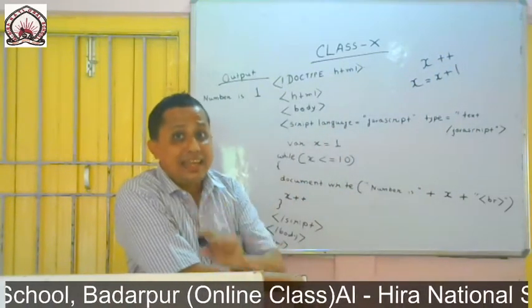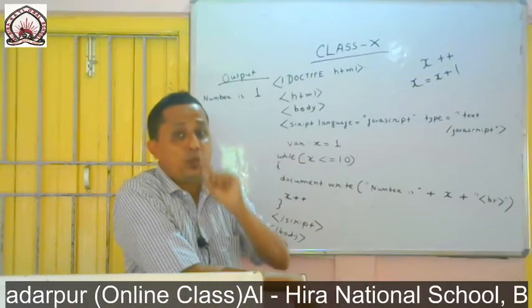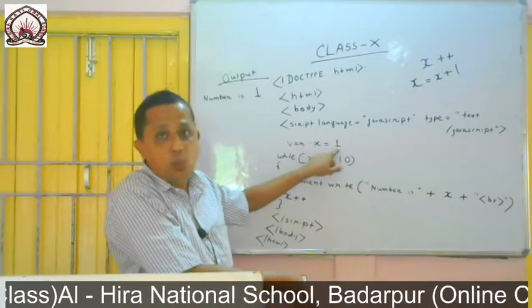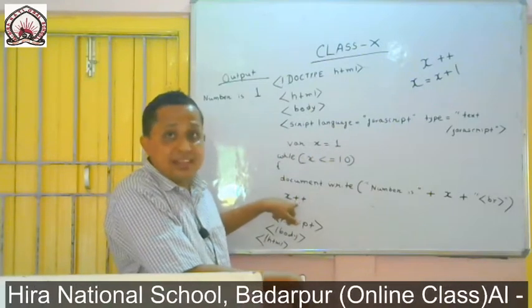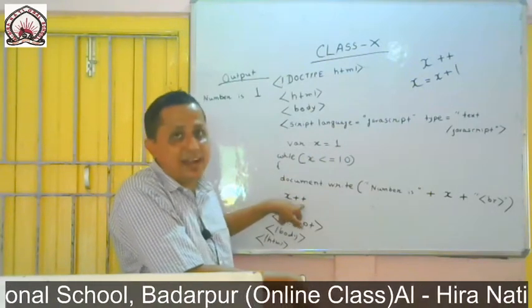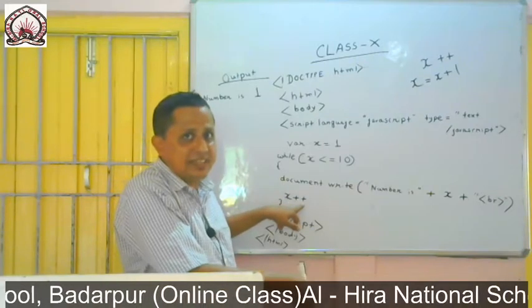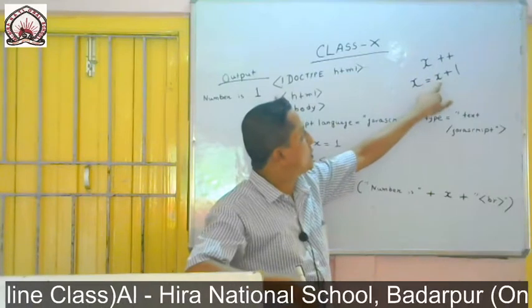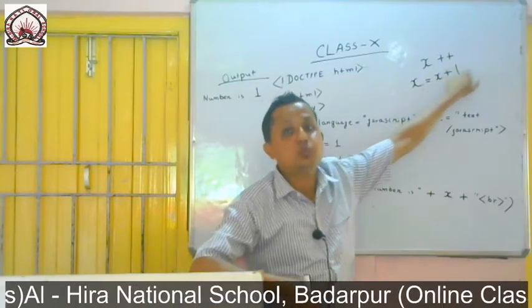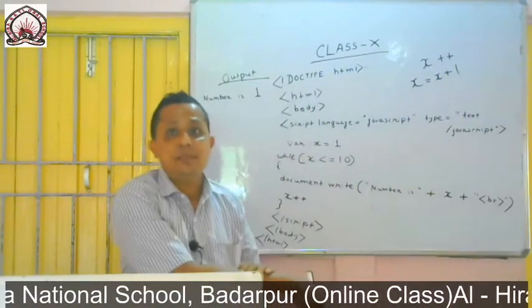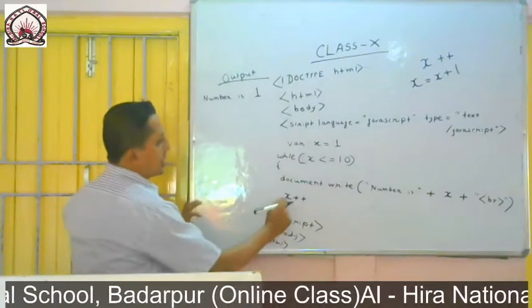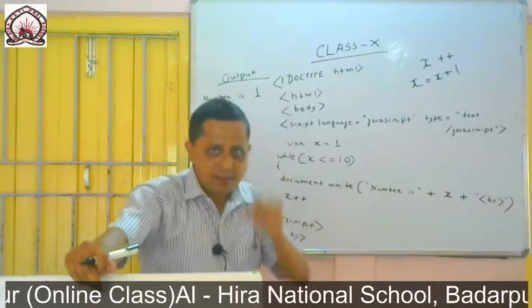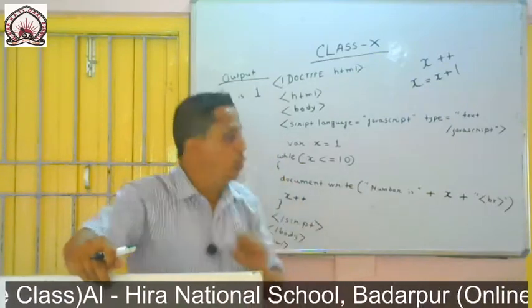The starting value of x was 1. When the program encounters this statement, it will become 2, because 1 plus 1 means 2. So the present value of x is now 2.